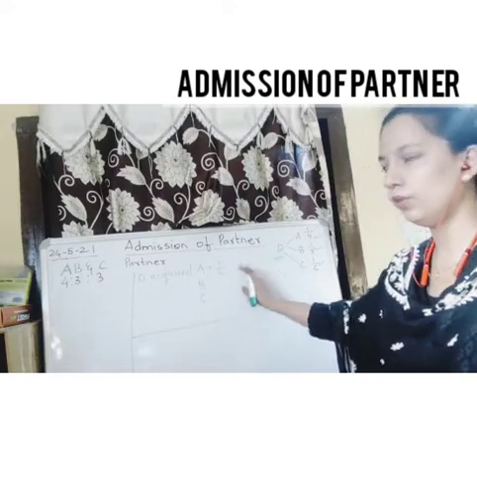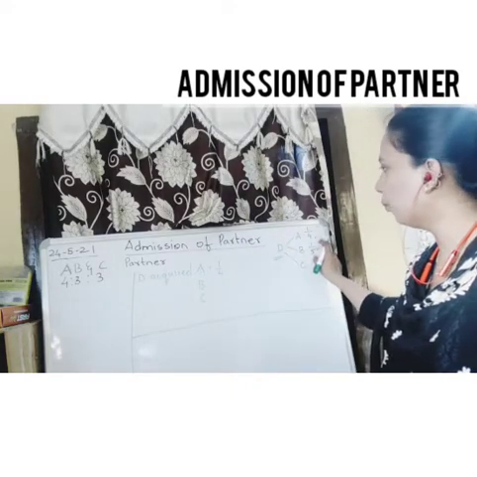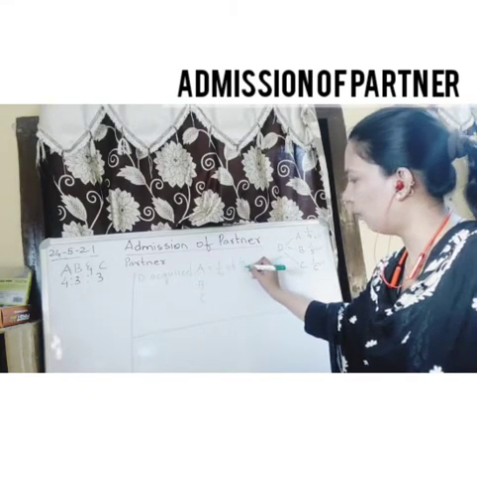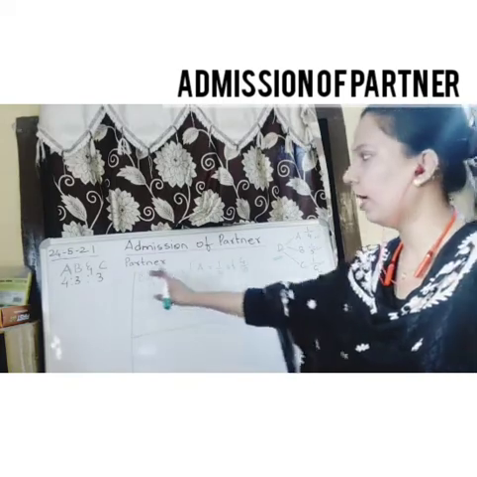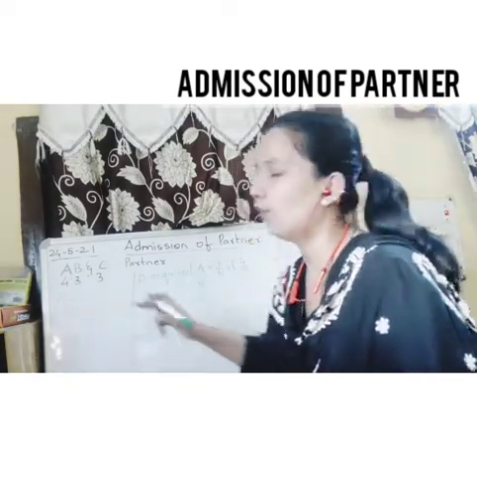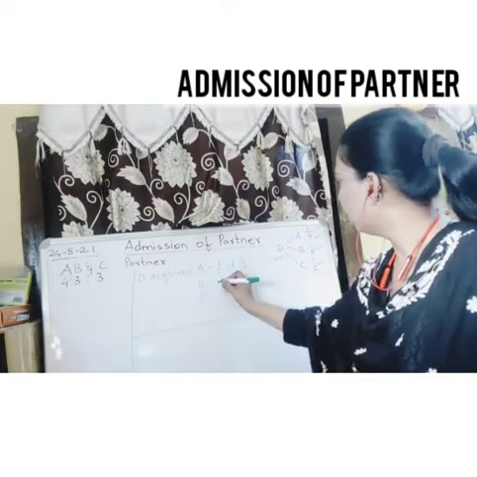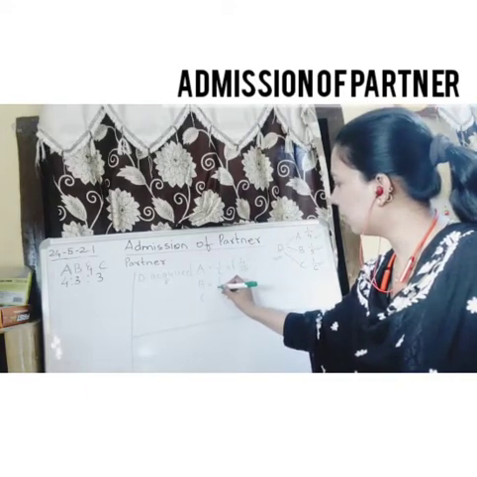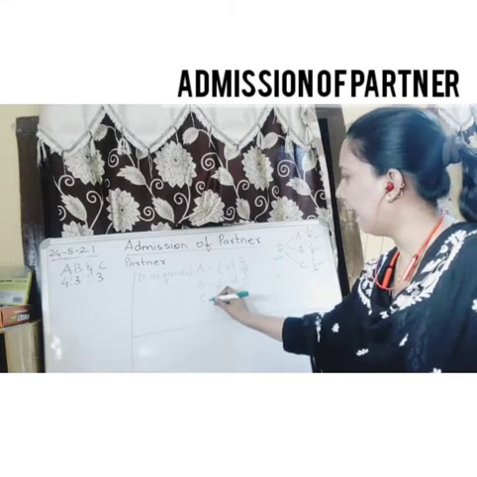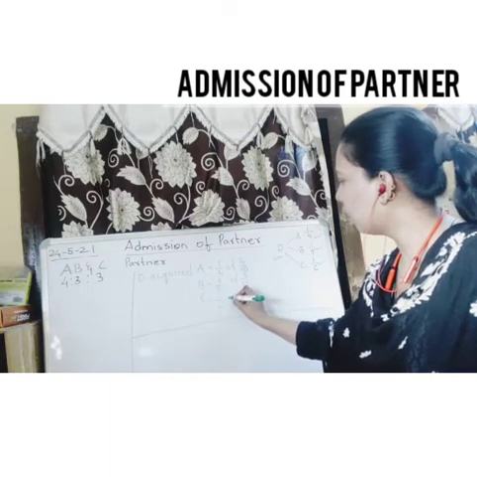Where do we get this 1/4 from? From the question, which says that A will be giving 1/4 share of 4/10. Where do I get 4/10 from? I look at the old ratio given for A, it is 4/10. So 1/4 of 4/10. For B, 1/5 of 3/10, and the last one, 1/6 of 3/10.